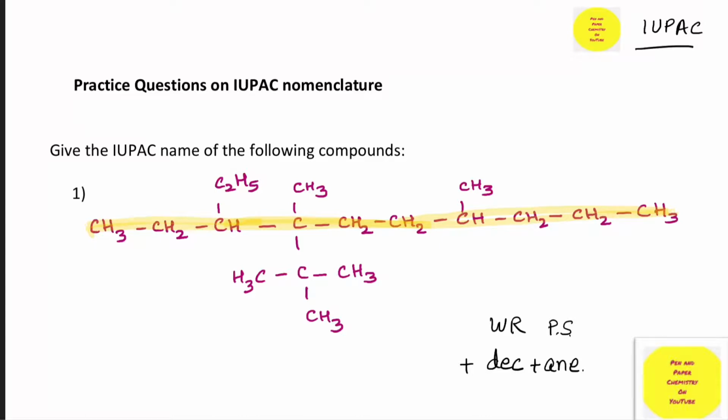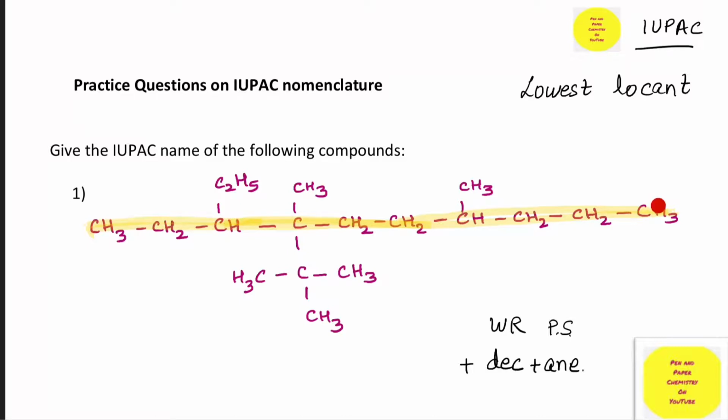What we are left with now are the substituents, 1, 2, 3 and this fourth one. How do I number it? I'm going to follow the lowest locant rule because all of them are substituents over here, right? Anything other than the main chain. Now, if I number it from the left hand side, I'll get 1, 2, 3. So my first locant is at position number 3.